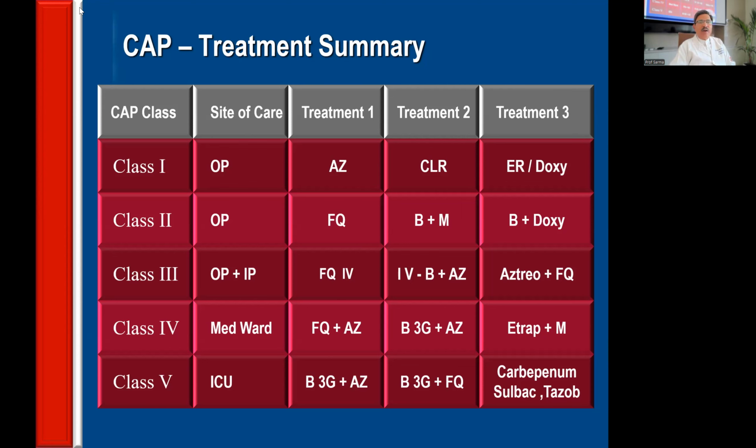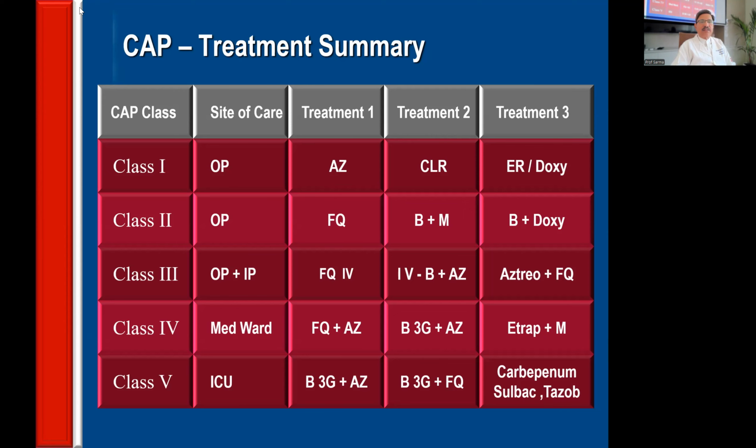Class 1, outpatient treatment: azithromycin, clarithromycin, or doxycycline, one of the three. Class 2, also OP treatment: fluoroquinolone, or beta-lactam plus macrolide. This is the OPAT fellow: beta-lactam by the vein, macrolide, or doxycycline. Or if you want to use a single drug for that class 2 fellow, fluoroquinolone is better.